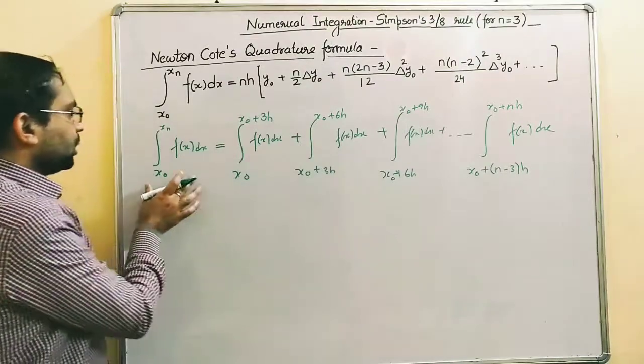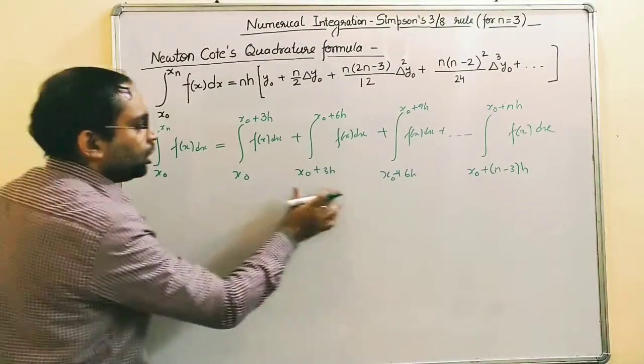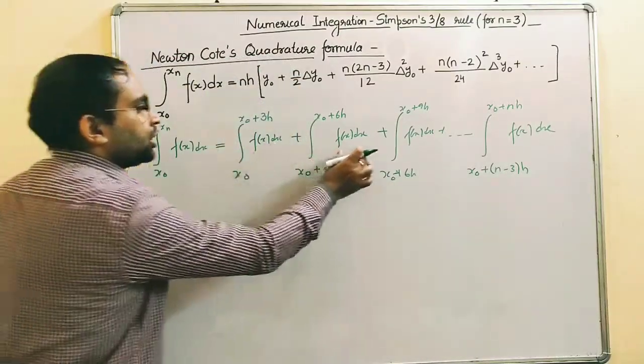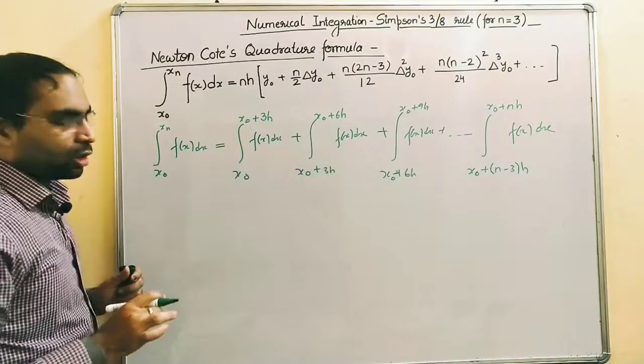So this large integral can be written as the sum of these smaller sub-integrals, and now we will evaluate these smaller sub-integrals with the help of the Newton-Cotes quadrature formula.